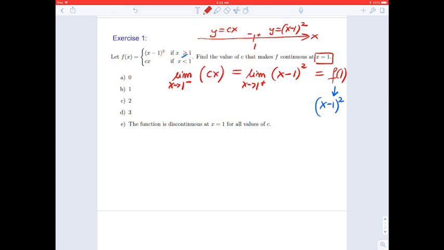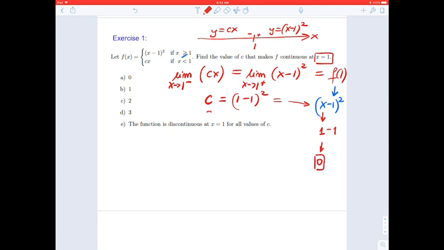Okay, let's try to find out. The limit on the left hand side will be c times 1, just c, and the limit on the right hand side, I can substitute 1, and I will have 1 minus 1, 0, and 0 squared. This will be the same as the value, which of course, if x is 1, we also have 0.